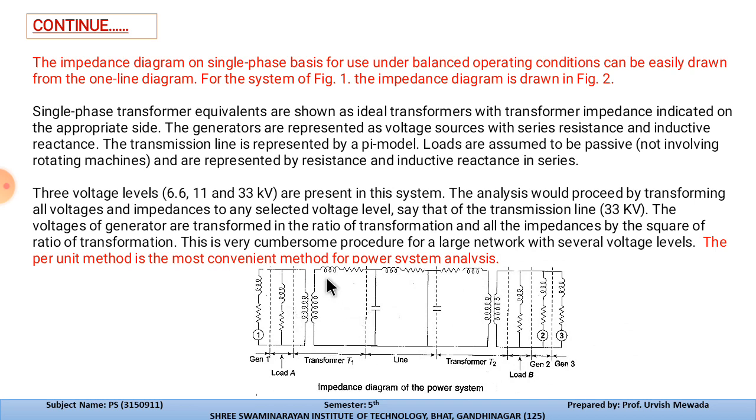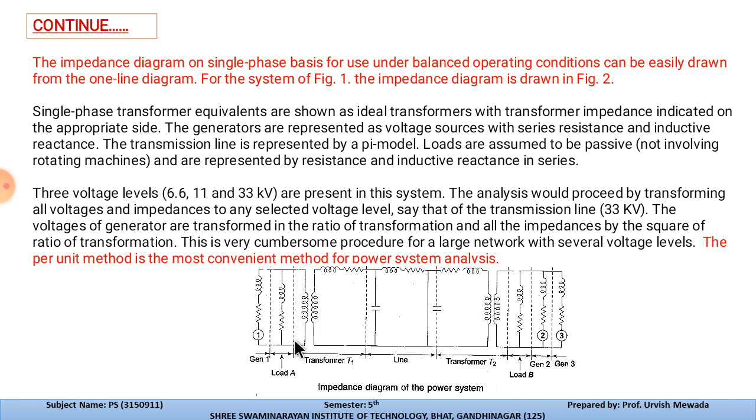So that's why we need to convert the network of the power system in terms of its impedances and resistances, so we can easily calculate the per unit values of any network, and so that we can calculate the contingency of the power using the per unit system.